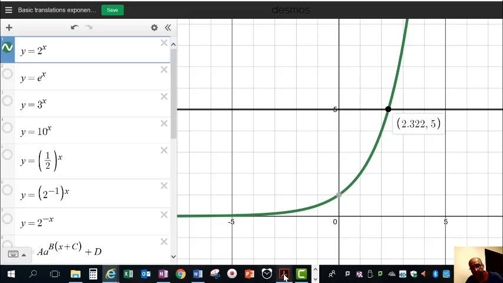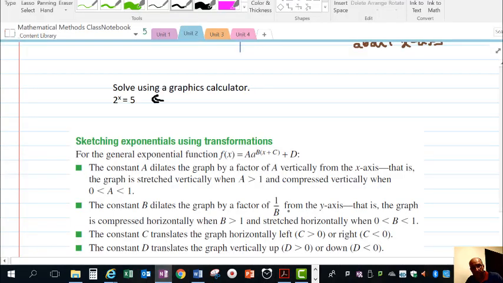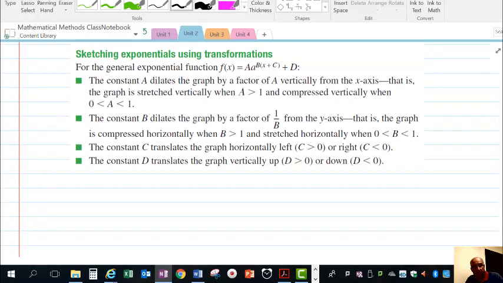So in finishing, putting all this together, we've got the following points there for A, B, C, and D. A is the dilation factor, a shape changer, by a factor of a vertically. That is, the graph is stretched vertically when a is bigger than 1, and it's compressed when a is a decimal between 0 and 1.